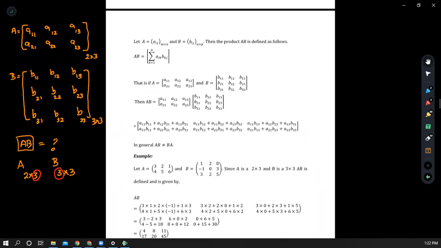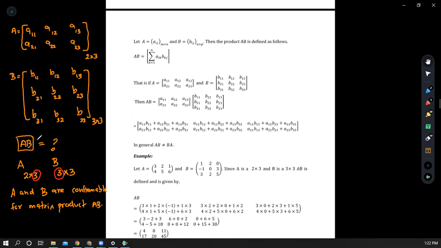Therefore, we can say that A and B are conformable for matrix multiplication, for matrix product AB.